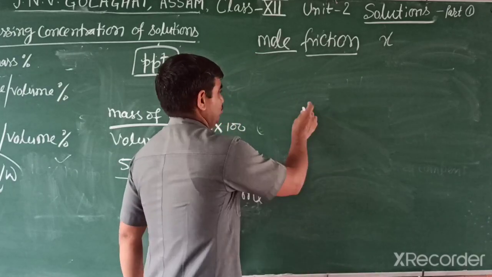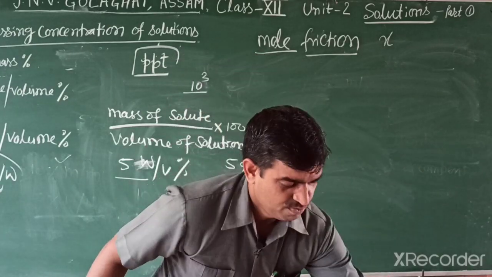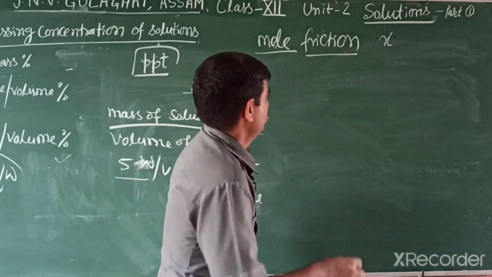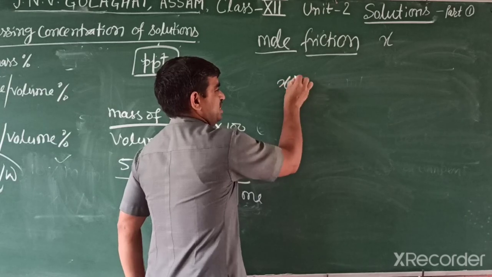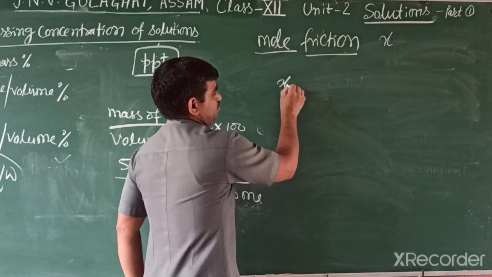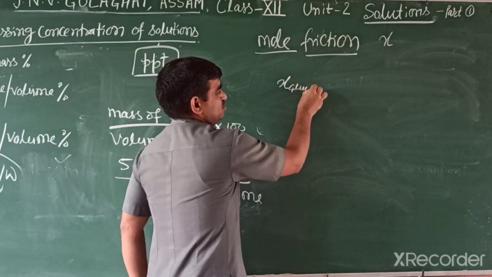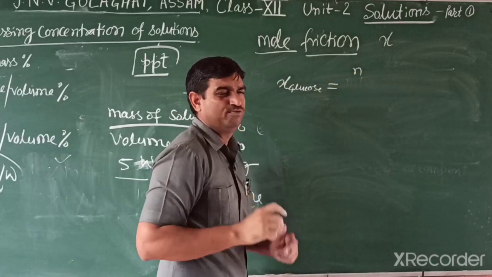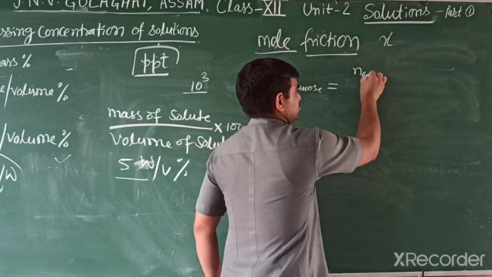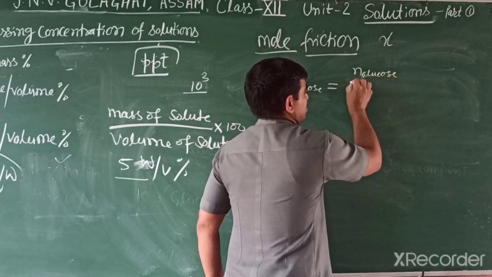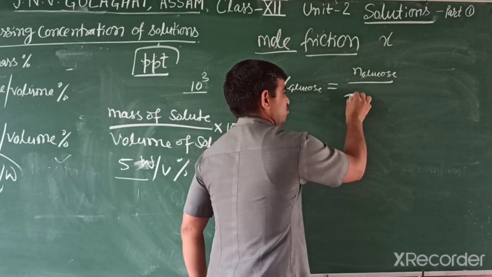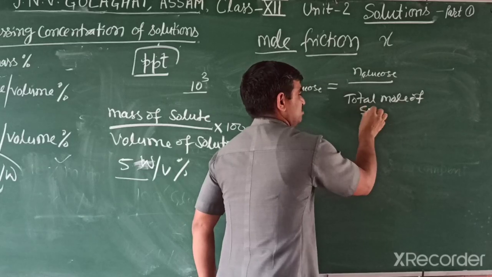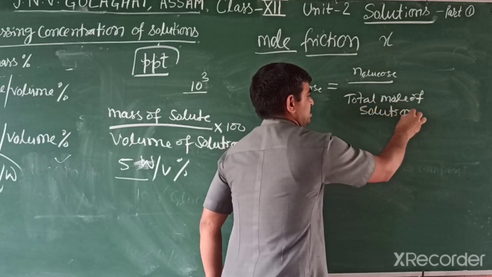In this binary solution, how can we find out the mole fraction of glucose and the mole fraction of water? The mole fraction of glucose, X, is equal to the number of moles of glucose divided by the total moles of the solution.